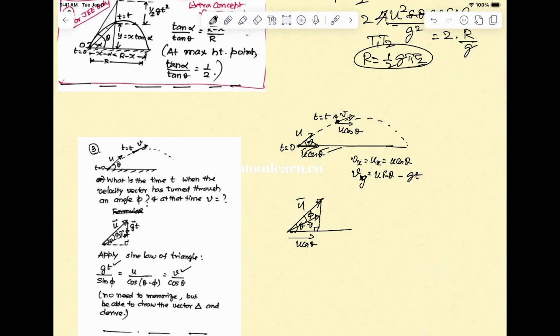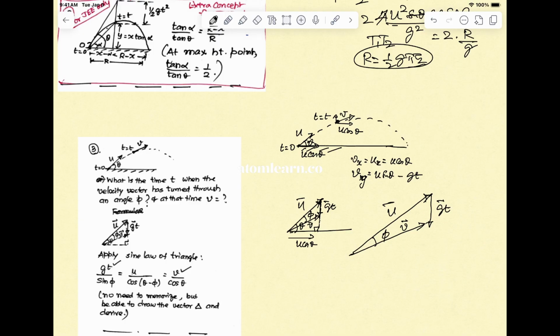What is this vector? This vector is the gt vector. I will draw again a bigger diagram so it is very clear. This is the u vector and this is the gt vector. The u vector plus the gt vector gives you the new velocity vector at time t, and the angle between them is phi.